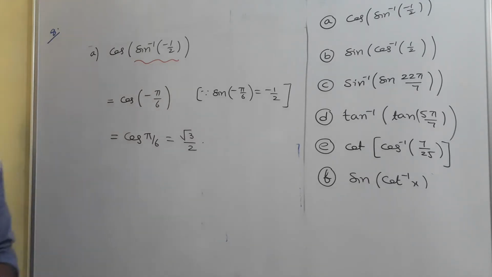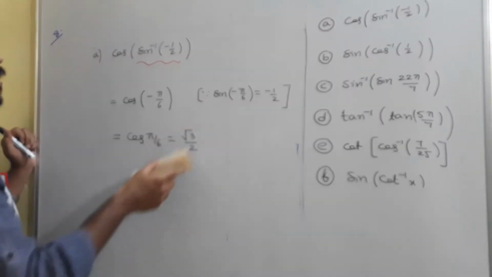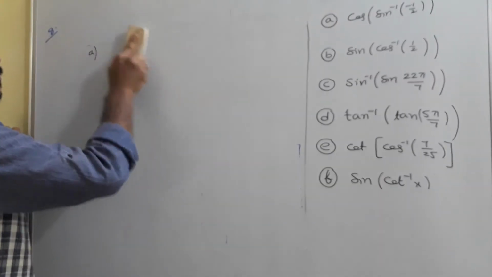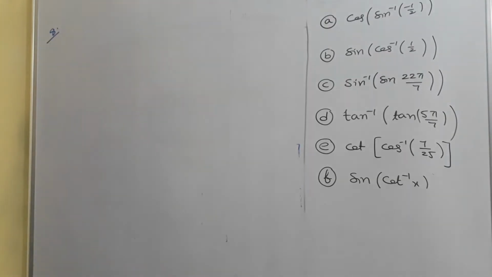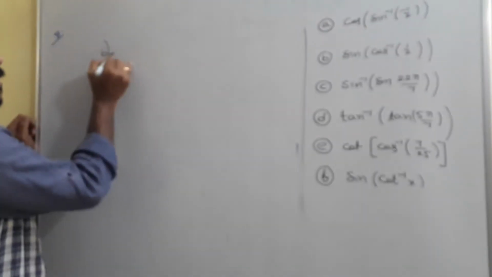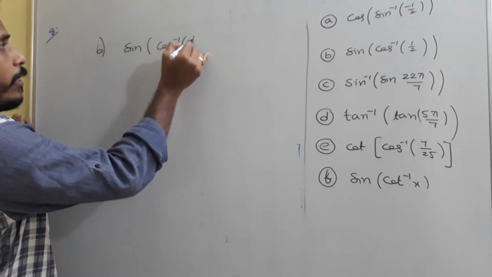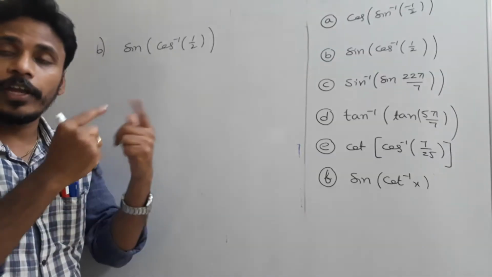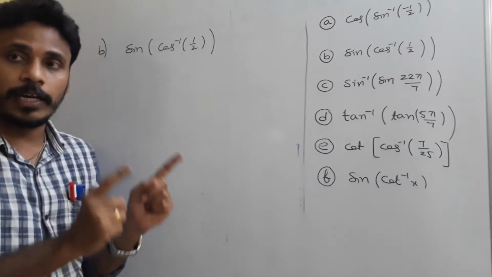In the same way we need to solve the next problem. I am erasing this for space. Think about this: B, sine of cos inverse 1 by 2. See, for cos inverse the range is 0 to pi, first and second quadrants.